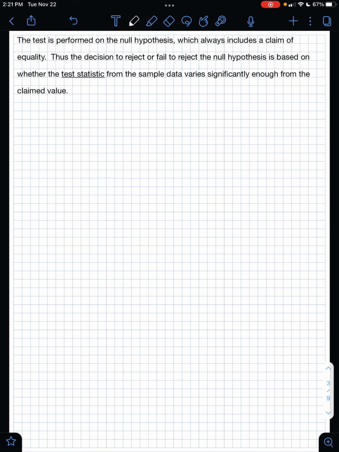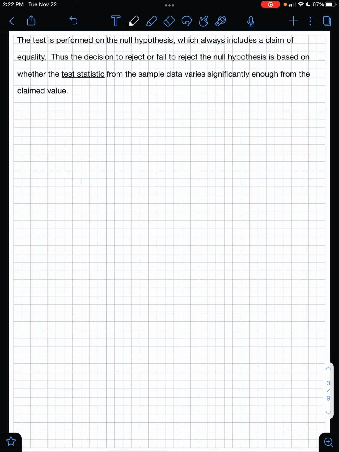Well, that definitely is not the 98.6 they claimed. But the question is, is it far enough off to say that 98.6 was wrong? Because it's always possible that we just got a sample of people whose body temperatures were a little lower. That's possible. So it's definitely not 98.6, but is it far enough off to be able to say, oh no, that claim was definitely wrong?